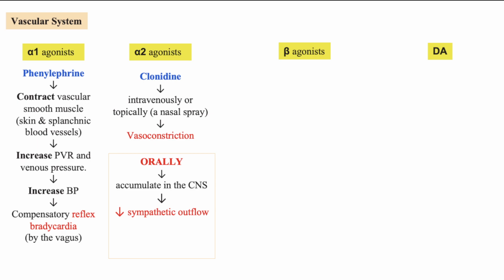Activation of alpha 2 in the presynaptic nerve terminals leads to a negative feedback mechanism. That means it will inhibit the release of norepinephrine, thereby decreasing sympathetic outflow and decreasing the blood pressure. That's why clonidine should not be withdrawn abruptly, because it can cause sudden hypertension. Rebound hypertension can be seen if clonidine is withdrawn suddenly.